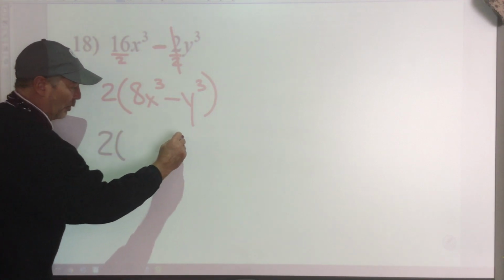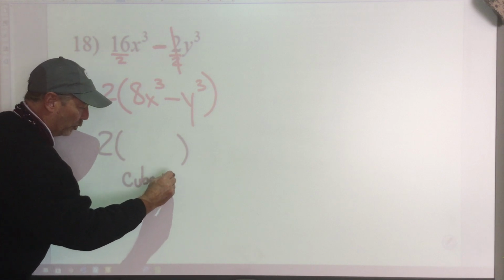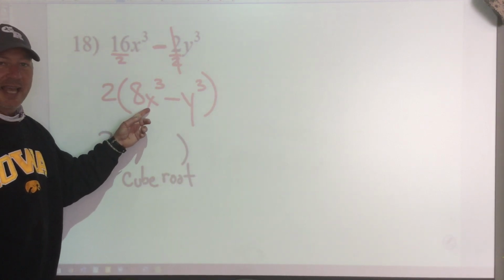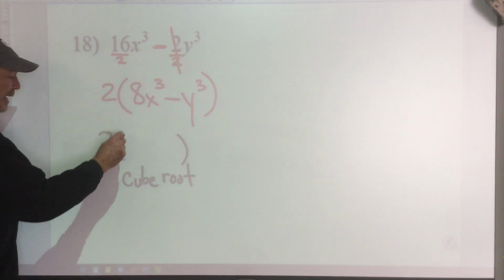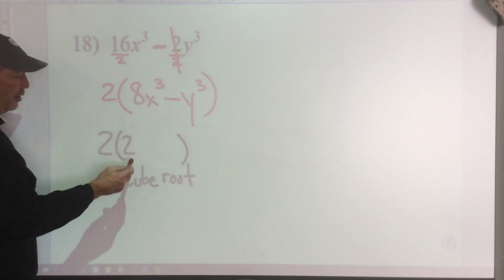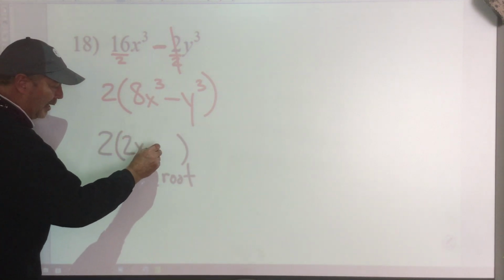And in the first parentheses, remember, we're going to ask you to find the cube root. What is the cube root of 8? 2 times 2 times 2. The cube root of 8 is 2. What is the cube root of x to the third? X. Bring down your minus sign.